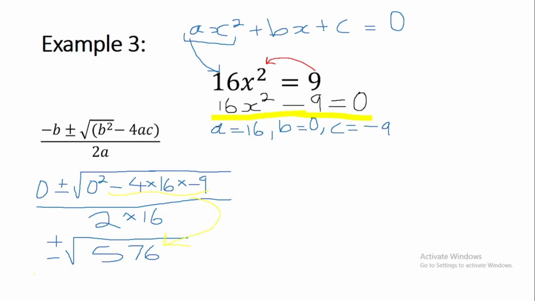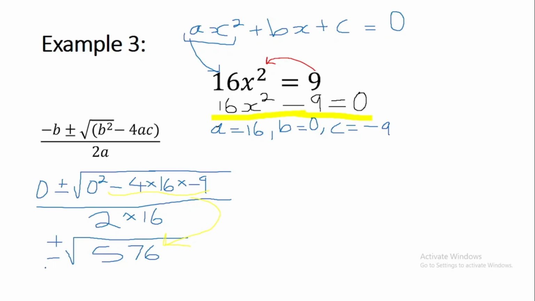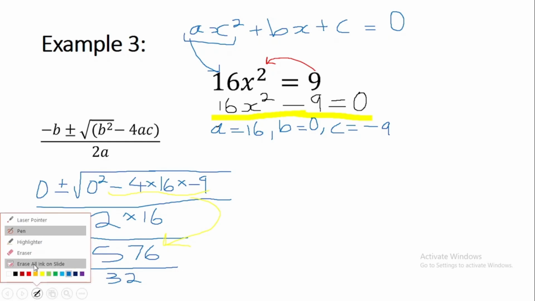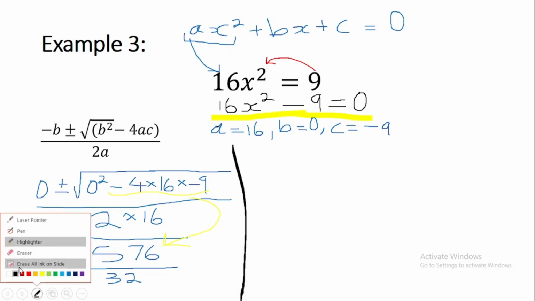And all of this should be divided by 2 times 16, and 2 times 16 would just be equal to 32. Alright, so now that we have done that, we're going to continue over this side of the board, where we have our plus or minus.